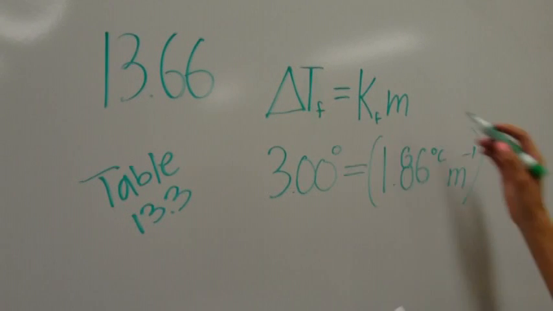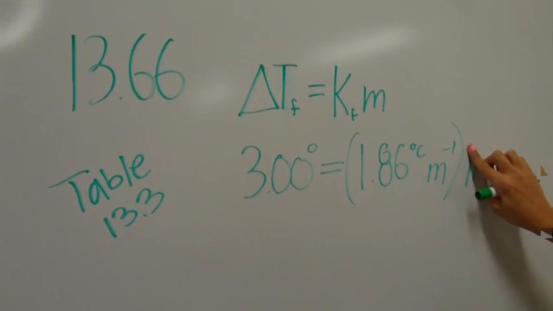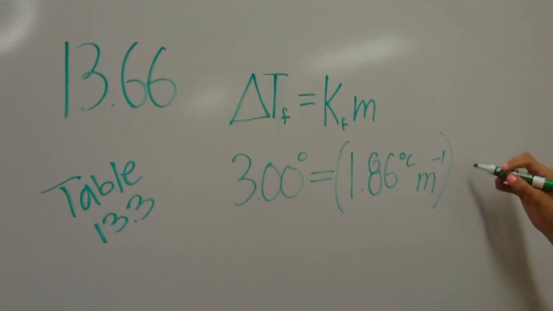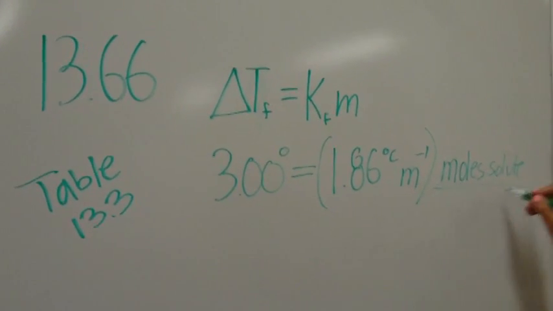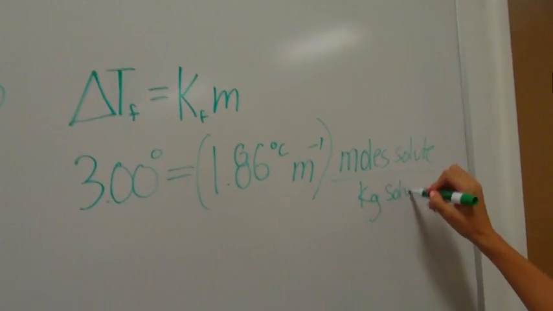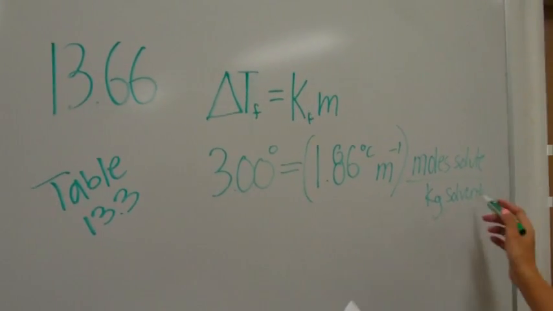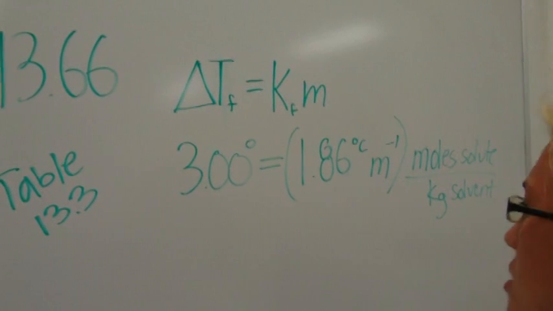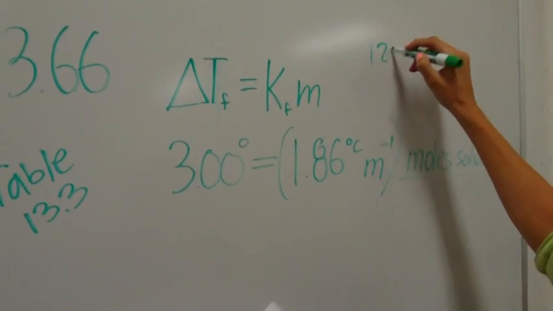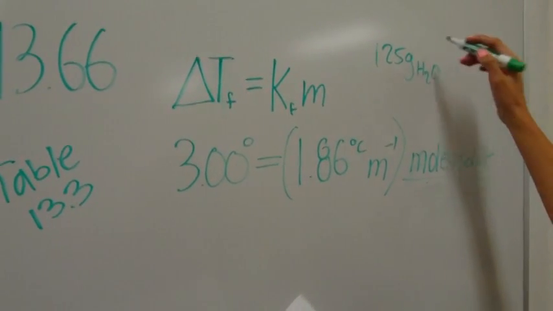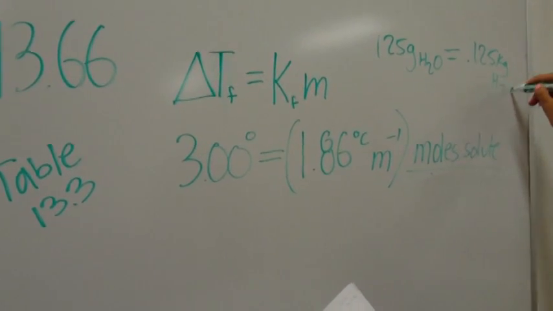So what is left over is molality, which can be rewritten as moles of solute over kilograms of solvent, since that's what molality is. And we know our kilograms of solvent. We had 125 grams of H2O, which is 0.125 kilograms of H2O.